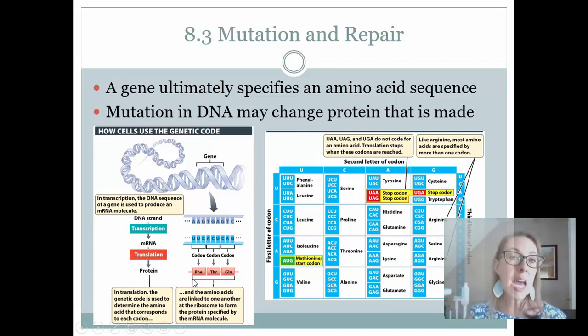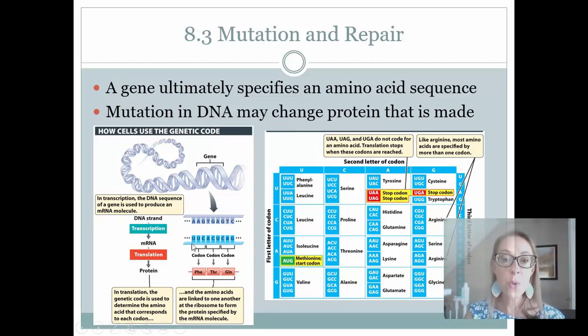Well, if you change your DNA sequence, if one of these letters changes, that's going to affect the RNA sequence, because our RNA polymerase is simply going to look at the DNA that's there and make that messenger RNA accordingly.